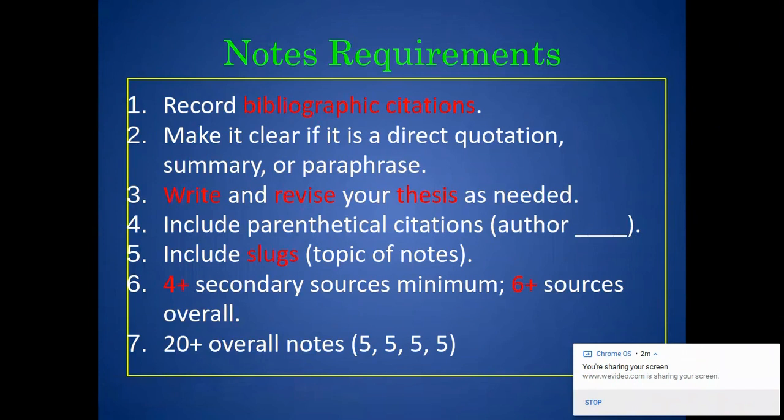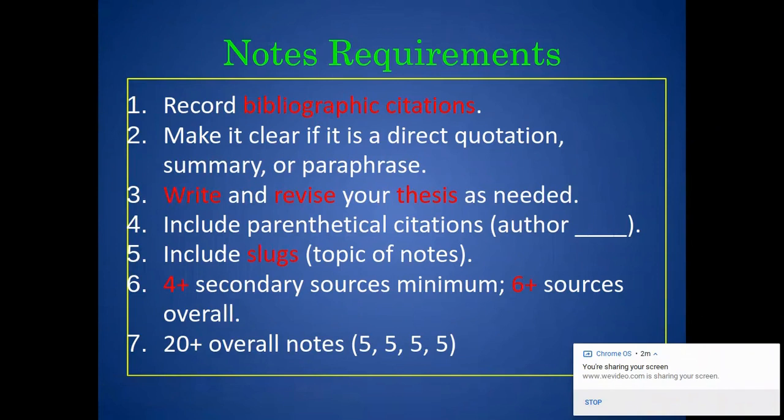And as for the requirements, we probably want to go a little bit beyond having 4 secondary sources, just in case we have to cut one out, have 5 or 6 maybe. And then when it comes to being 6 sources overall, that's including the 2 primary sources.